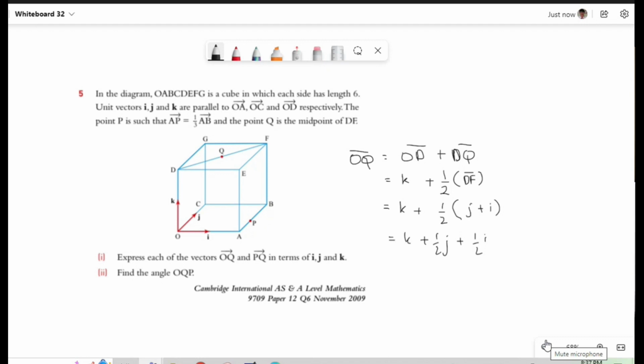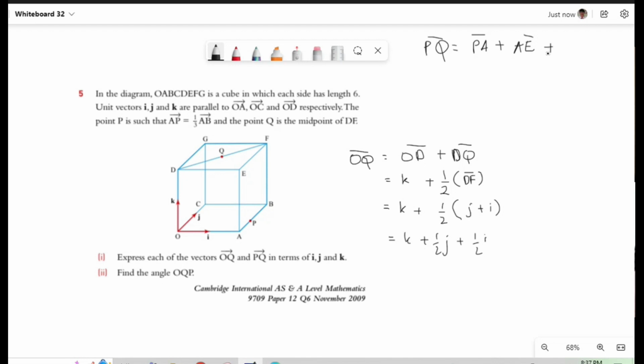Next, we want to find PQ in terms of i, j, and k. Actually, as you know, the rule of vectors is that as long as it starts from P and ends with Q, we can use any path within that cube. So let's say I have PQ start with PA, it's also okay. If you want to have PB or PE or PF, it's also possible.